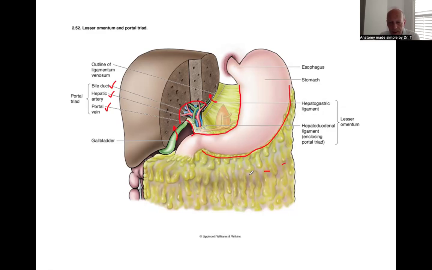Maybe I can just highlight its presence so that you do not wonder where it is, but now you can see it a little bit better. So this is what happens to the greater omentum. It goes from the greater curvature of the stomach downward, and then it makes a 180-degree U-turn going upwards, so it becomes attached to the transverse colon.